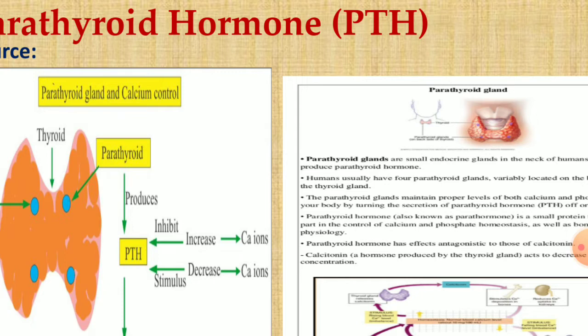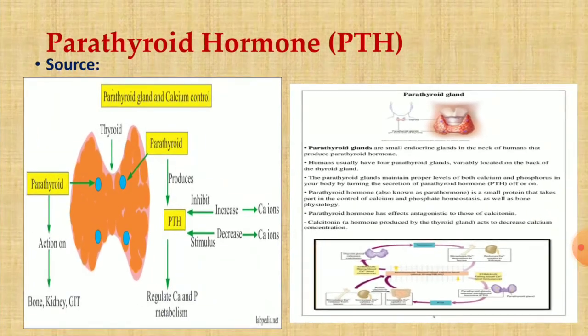Ionized calcium level normally is 9 to 11 milligram per dl. I have mentioned in the first class. So when this level gradually decreases, parathyroid hormone starts to be secreted from the gland to restore the calcium level back to normalcy. So now let us see how the secreted parathyroid hormone exerts its action.